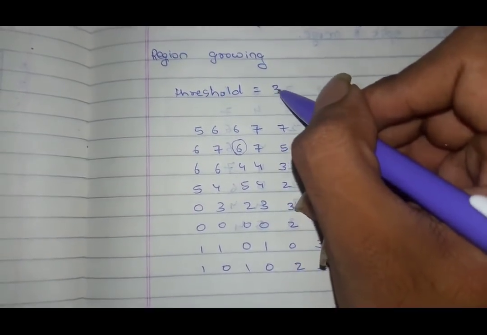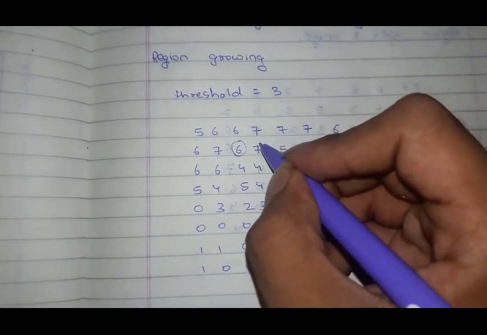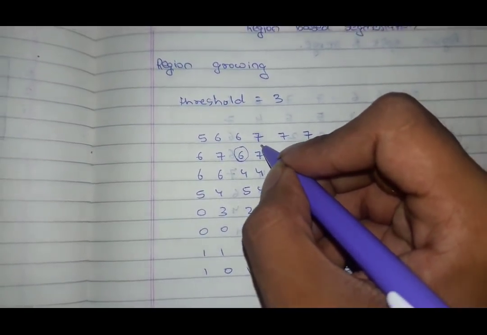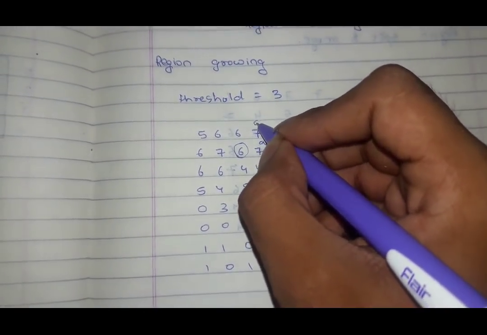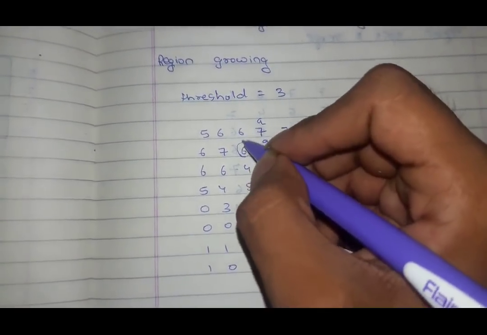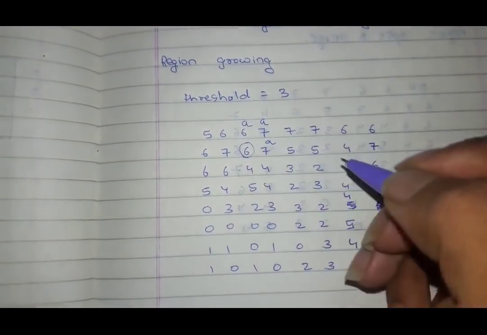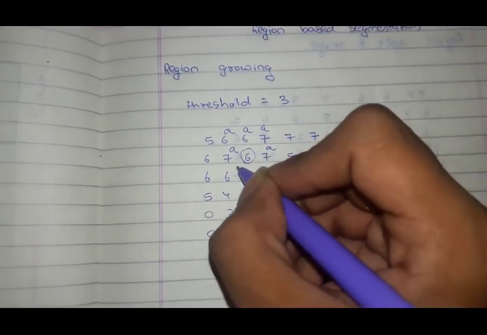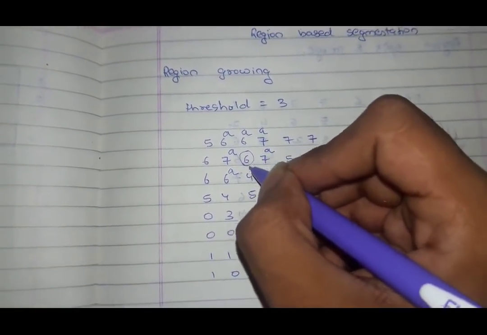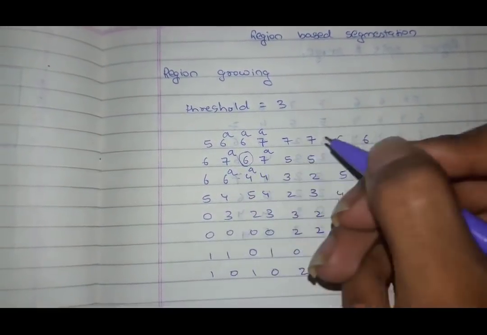Now 1 is less than the threshold, that is 3, so I will consider that this lies in my region. Say I'll mark it as A. Similarly, this 7 will also lie in my region. Now 6, the difference is 0, so that will definitely be less than 3 and that will also lie. This will also lie, this will also lie. Here 6 minus 4 gives you 2, which is still less than 3, so it will lie in the region.